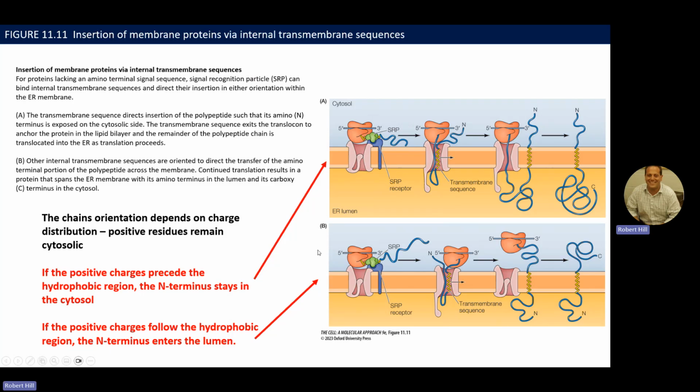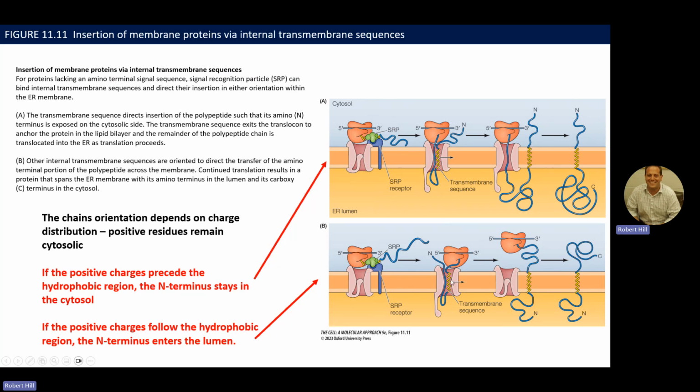Okay, so in the other scenario, you have positive charges that follow the hydrophobic region. So here there's going to be positive charges like in this area down here. All right, so the same thing is happening though. The signal recognition particle is binding to the transmembrane region. It's bringing it to the SRP receptor.